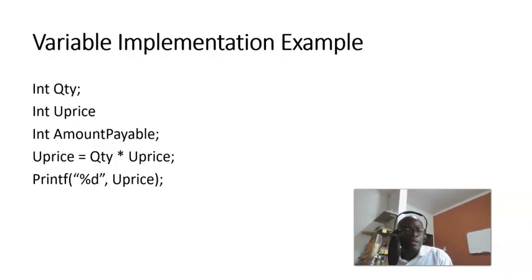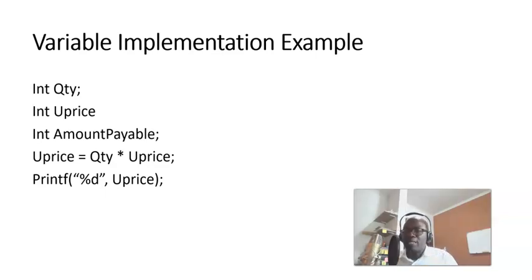Okay, now variable implementation. Let us see how a variable can be implemented in a program. For example, if you are using the C language, you can indicate to a computer that in memory I want to reserve a location called quantity, and it should be receiving integer values. So let's say this is a program that we want to be calculating how much a customer has to pay on the till.